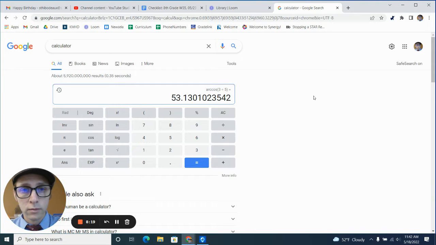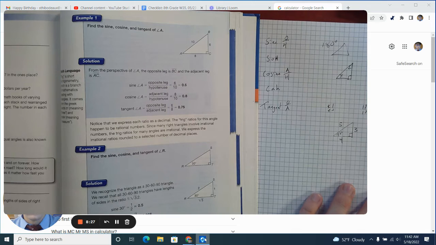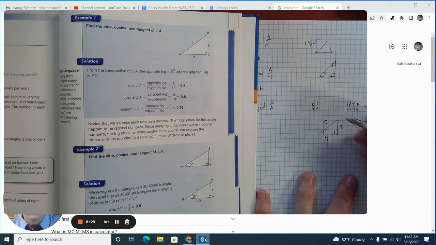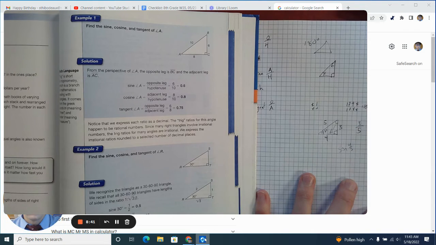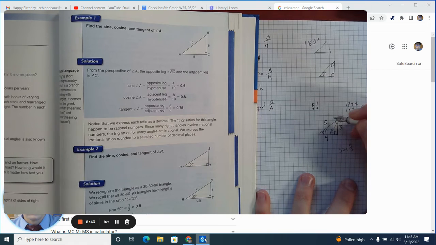Now, if that's my angle for one, how do I find my angle for the other? I have two things I could do. I can use trigonometry to figure out this angle by doing the sine of 4/5, because now this is my opposite, and this is, of course, still always my hypotenuse.